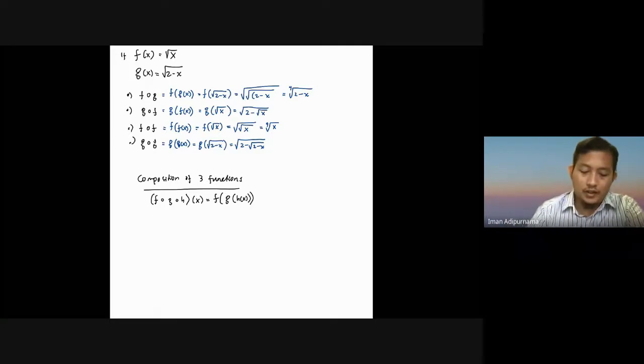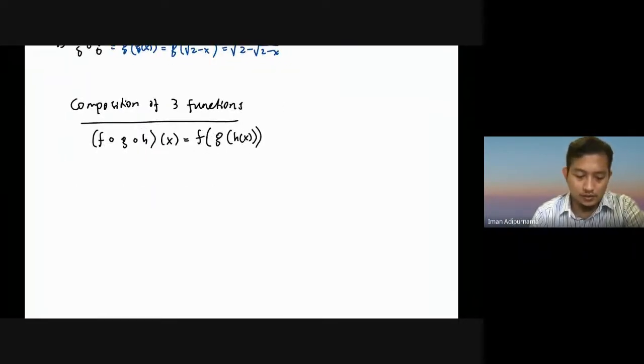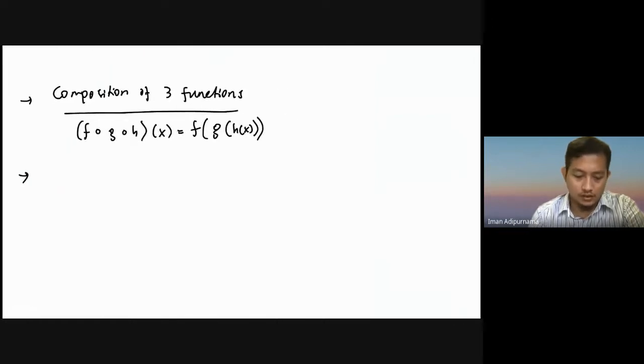Okay, the other section is about recognizing composition of functions.